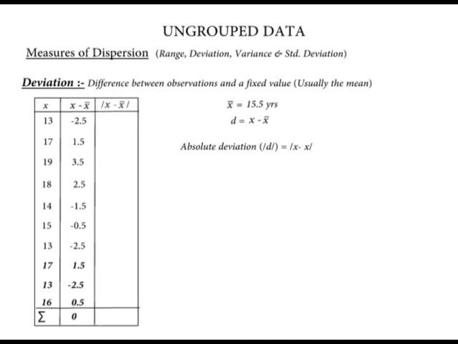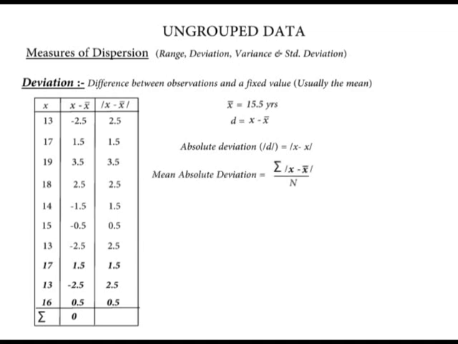The absolute value for the first one is 2.5. We have 1.5, 3.5, all the way down up to 0.5. The absolute value or modulus of a number is the magnitude of that number regardless of the sign. When we divide the total absolute deviations by the total number of observations, we get the mean absolute deviation.